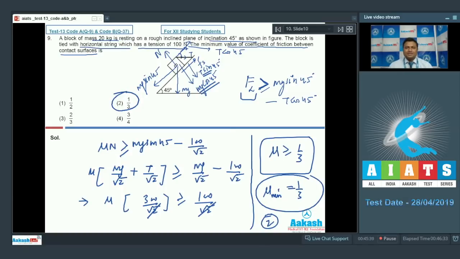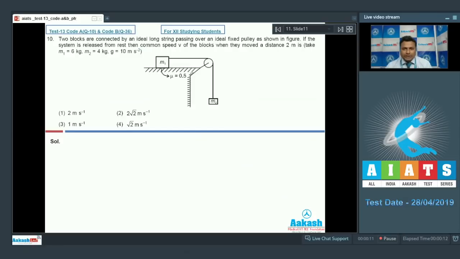Now move on to the next, that is the 10th. So here is question number 10, everyone. Two blocks are connected by an ideal long string passing over an ideal fixed pulley as shown in the figure. If the system is released from rest, then the common speed v of the blocks when they have moved a distance of 2 meters will be what?